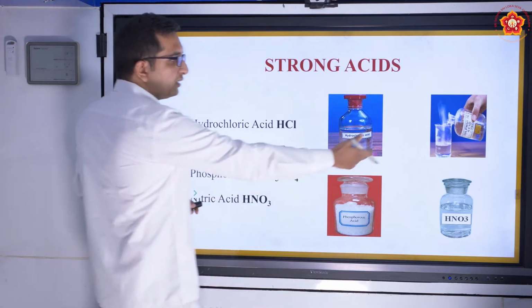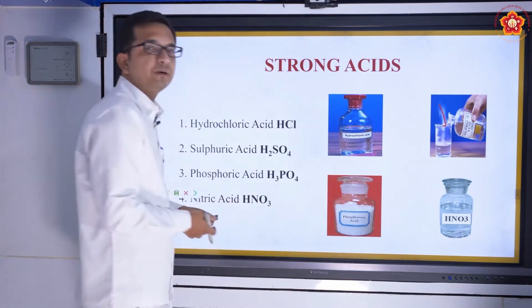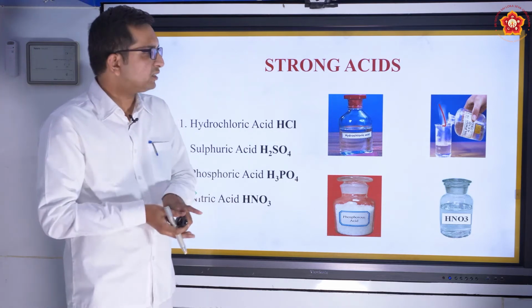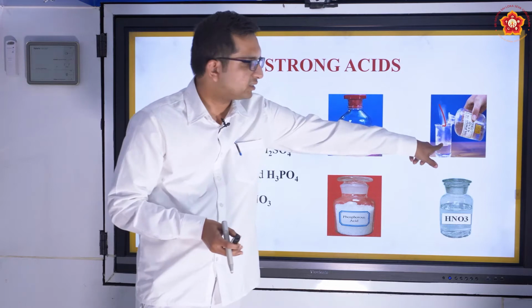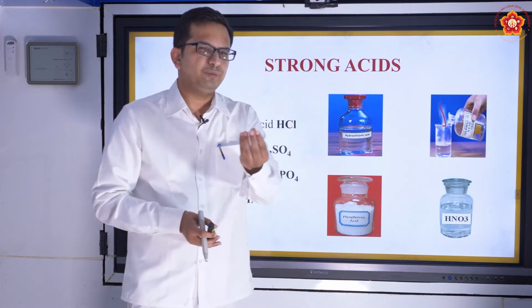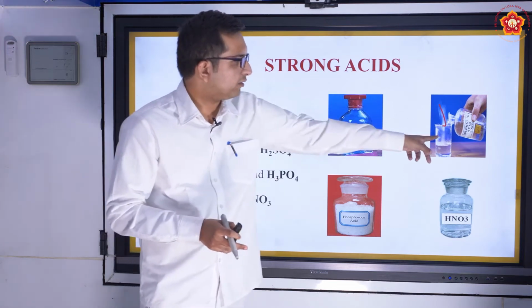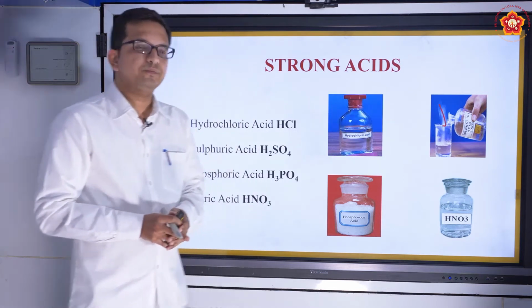You can see sulfuric acid, the way it is giving out vapors there. Those vapors indicate that it is a very strong acid. Immediately on pouring the sulfuric acid in a beaker, which may have a little amount of water or even moisture, it will react and give those vapors.